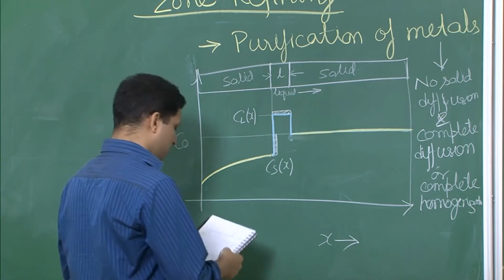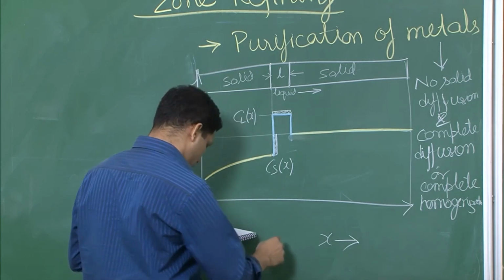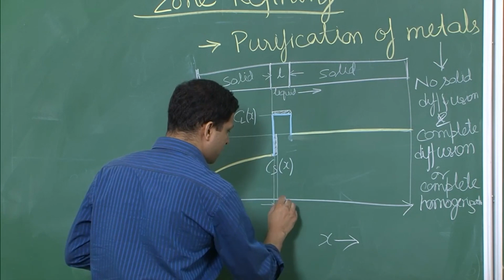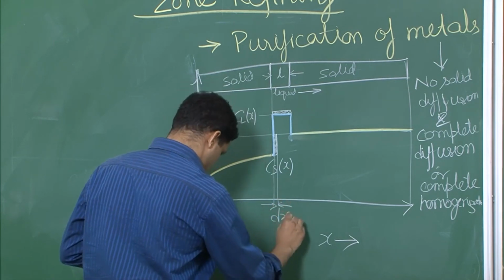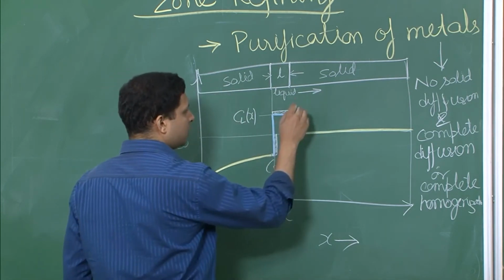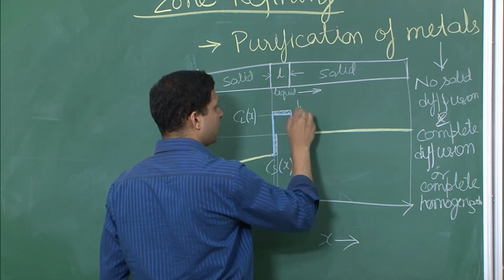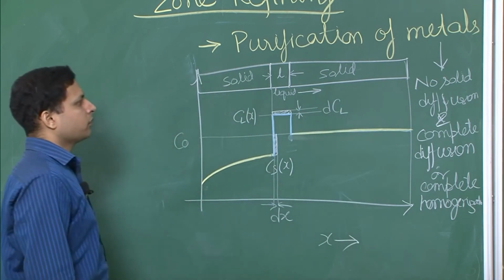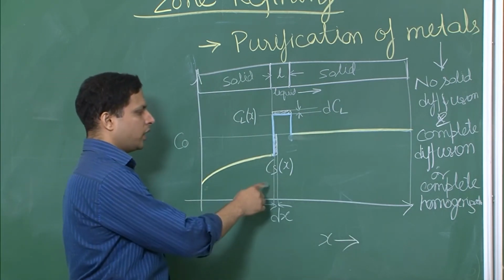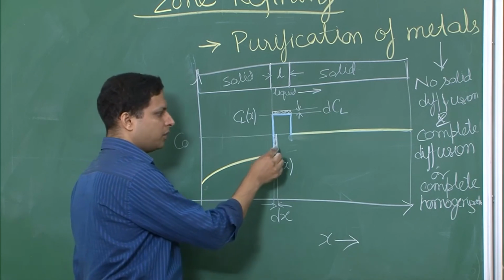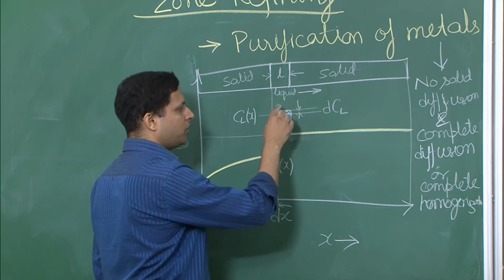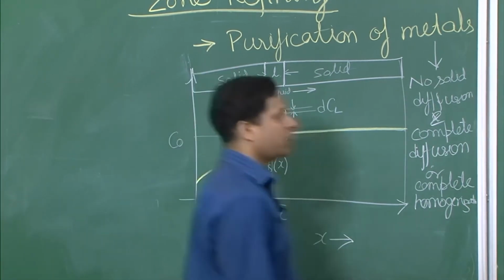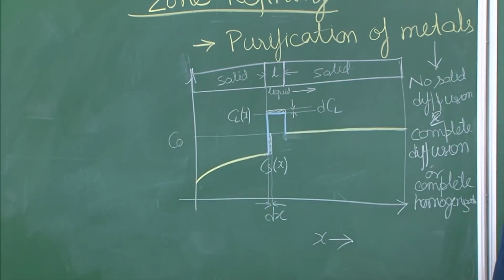So what will be the relation? Since we are talking about x, this region is dx, and therefore this will become dCl. Now we can set up an equation: this is the solute ejected, this is the solute accumulated, so this should be equal to this.